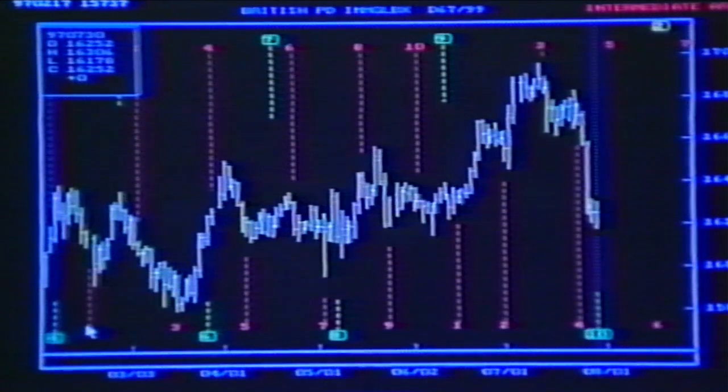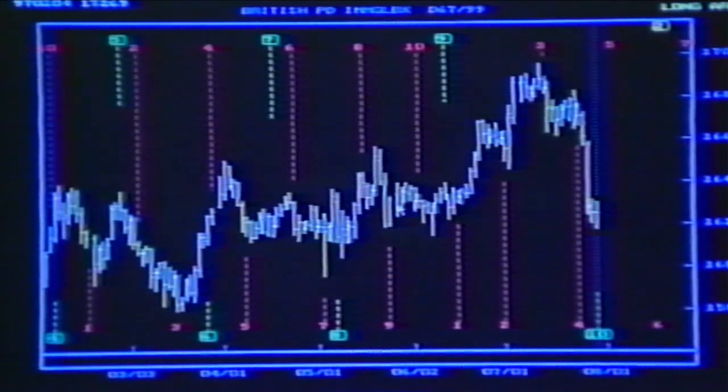Here is a 1, this is a 2 high, coming down to a 3 low right here, back up to a 4 high, down to a 5 low, up to a 6 high, down to a 7 low, up to an 8 high, down to a 9 low, up to a 10 high, and then to a 1 low. And this 1 low came early, indicating that we were going to see a pretty good up move here due to the buying pressure, because that point came early.